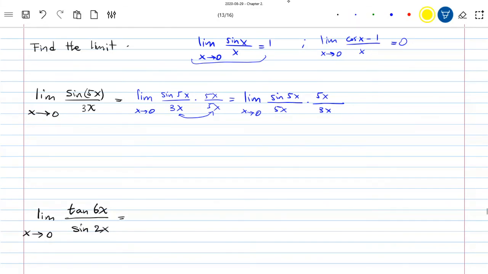So now, by doing this, I see exactly the same terms: sine 5x divided by 5x. As the limit approaches 0, this term is simply 1. And here now I can cancel out the x's. So what I have is 1 times 5/3, simply 5/3. The shortcut, yes, is to assume that it's 5/3 just based on the coefficient, but it's not always correct. So stick with this idea that you want to create a similar term in the numerator and denominator.